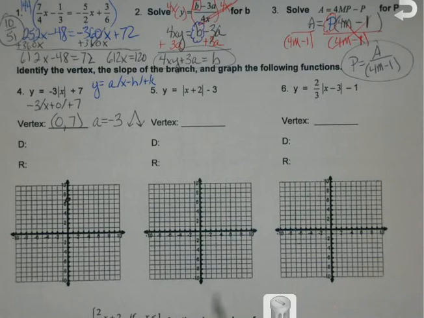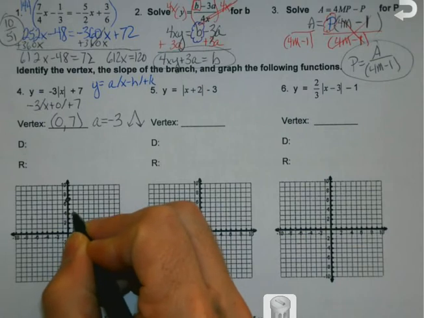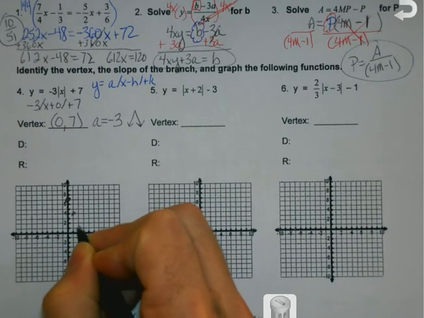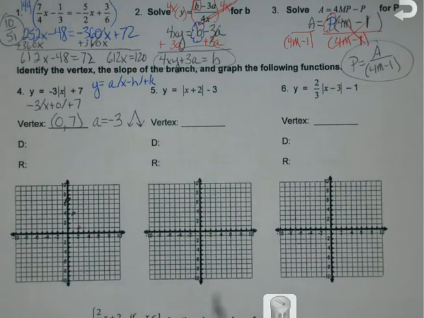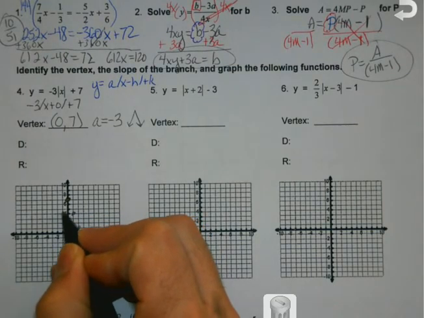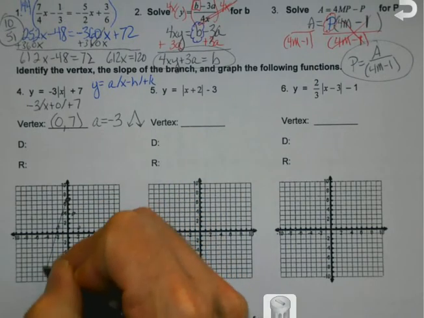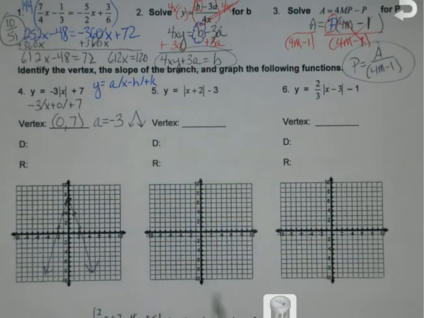And when we talk about slopes, remember, it's our air quote slopes. Because normally, if it was just slope, we'd go down 3 and over 1, and then we'd go down 3 and over 1, and we keep going and we get a line. But we know these are supposed to look like V's. So instead of just doing it that way, we also go down 3 and left 1. We do it both directions. And then connect the dots, and I get my absolute value graph.